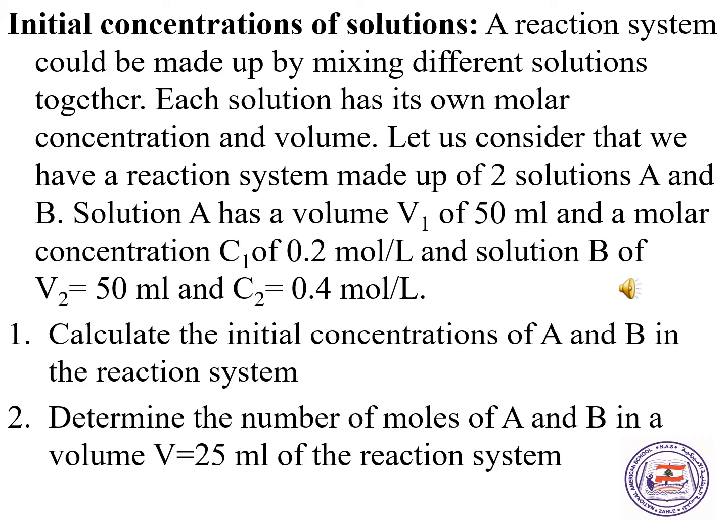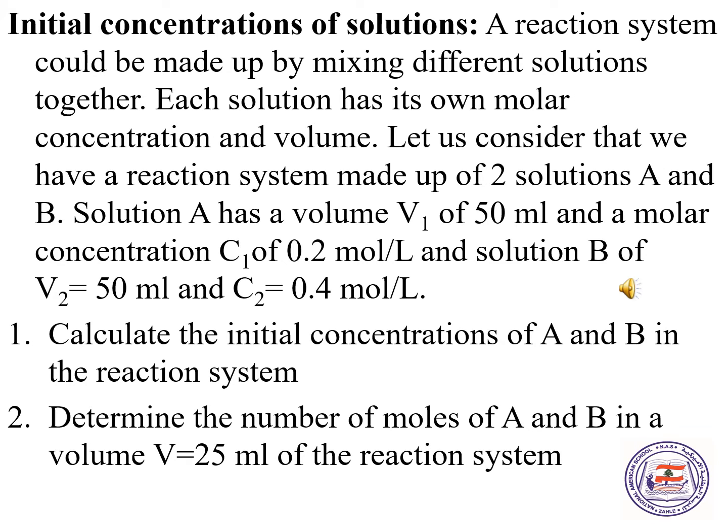Let us consider that we have a reaction system that is made up of two solutions A and B. Solution A has a volume V1 of 50 milliliters and molar concentration C1 of 0.2 mole per liter.